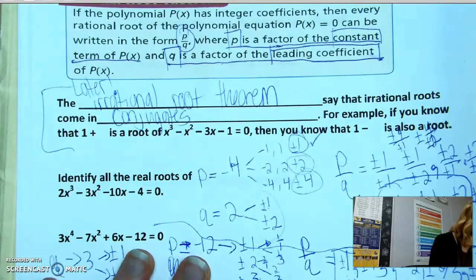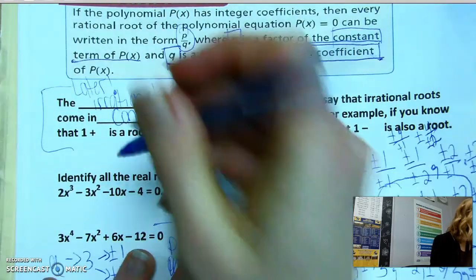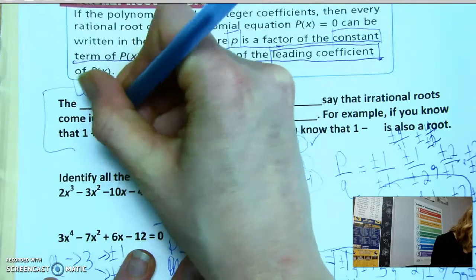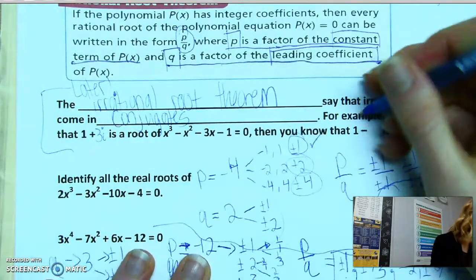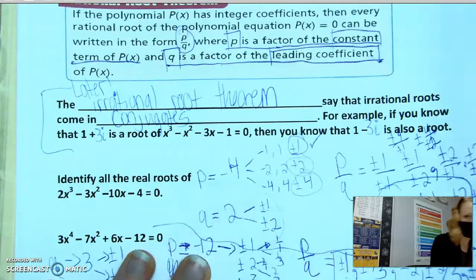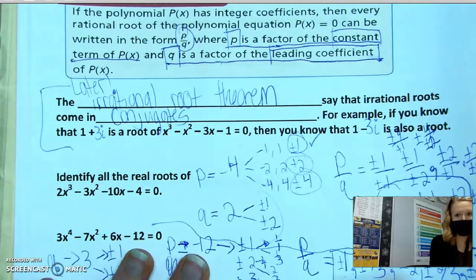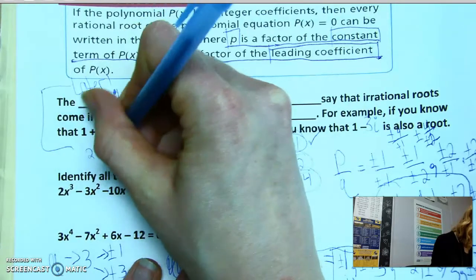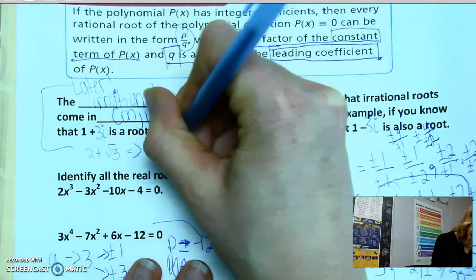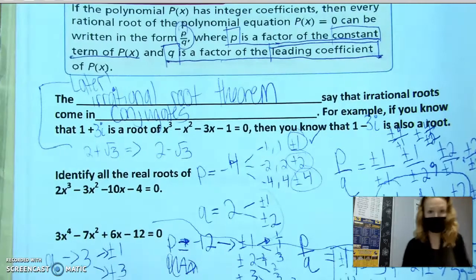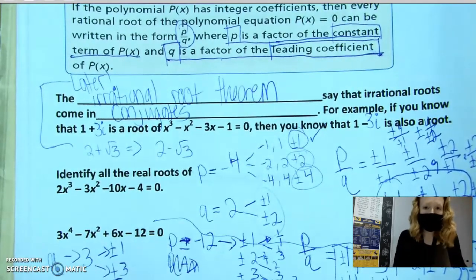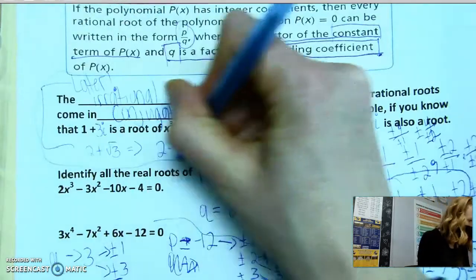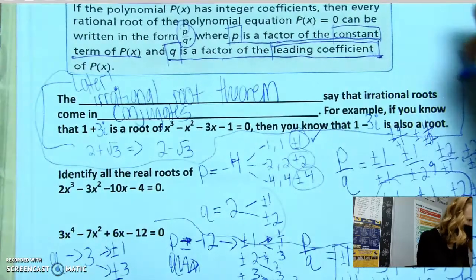So if you have an irrational root, so let's say 1 plus 3i is a root, then you also know that 1 minus 3i is a root. So the conjugates are always going to be a solution. You could also have something like 2 plus the square root of 3. That means that 2 minus the square root of 3 is also an option. Okay? So that might come into play as well later on in this chapter.